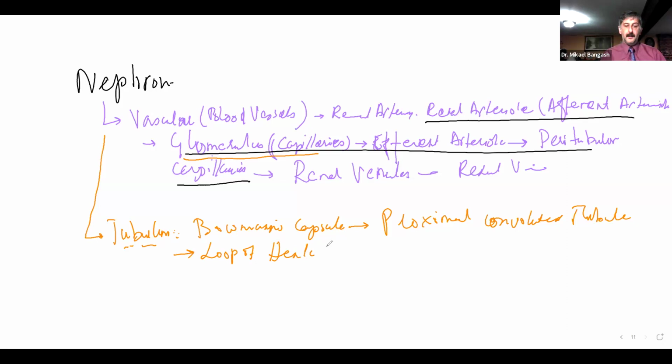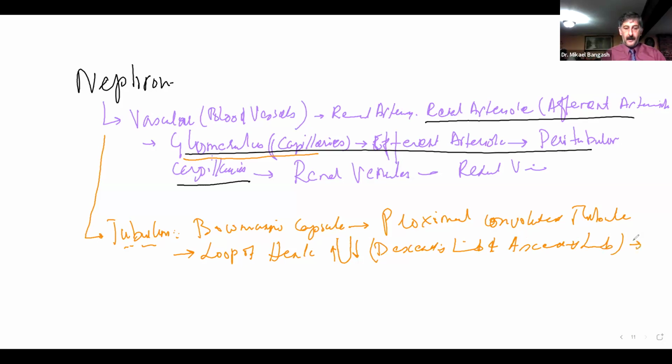Your loop of Henle. The reason that we call it a loop is mainly because it has a limb that goes down and a limb that goes up. So it's going to have a descending limb of the loop of Henle and an ascending limb of the loop of Henle.